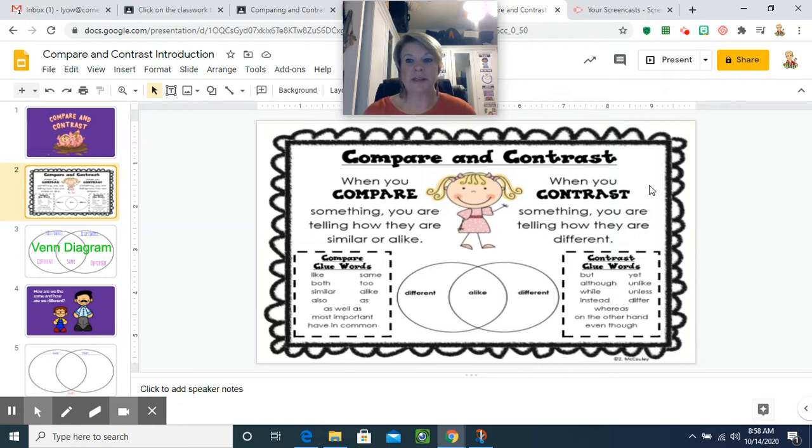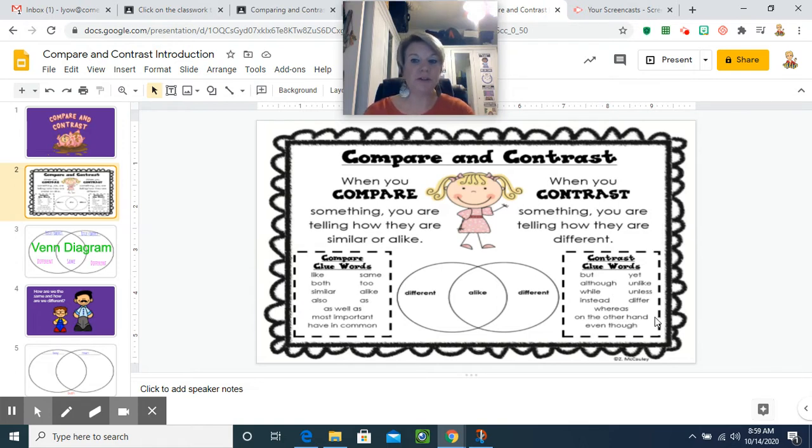When you're comparing and contrasting in stories, you will sometimes use clue words to help you compare those things. Some of those clue words are: both, similar, also, same, alike, as well as, most important, or have in common.